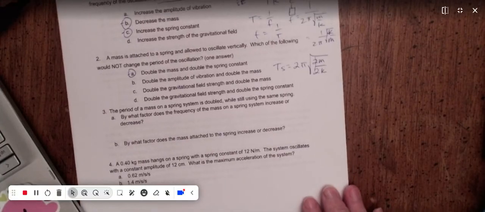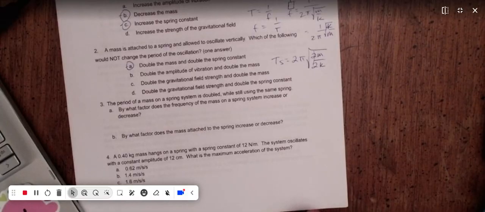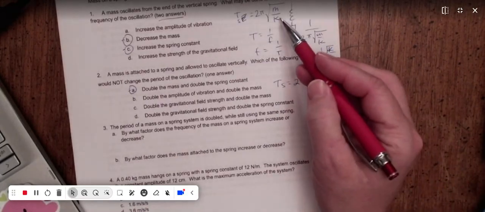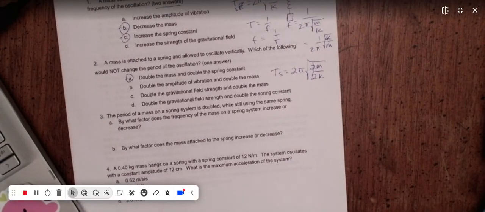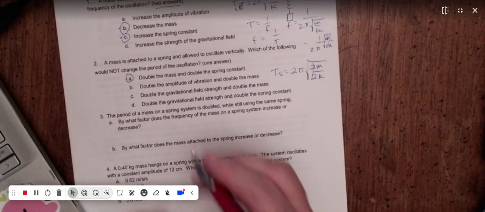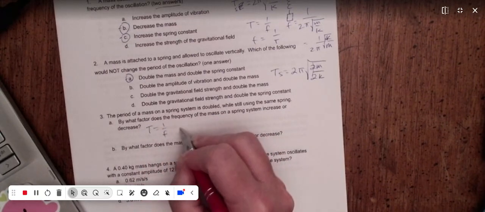Okay, period of a mass on a spring system is doubled while still using the same spring. Okay, so that means our K value, our spring constant, is not going to change. By what factor does the frequency increase or decrease? Okay, so if we double period, so period is 1 over frequency.